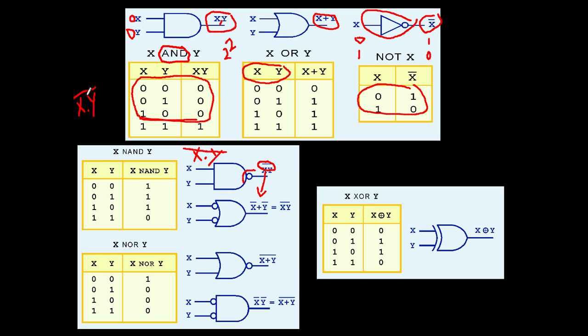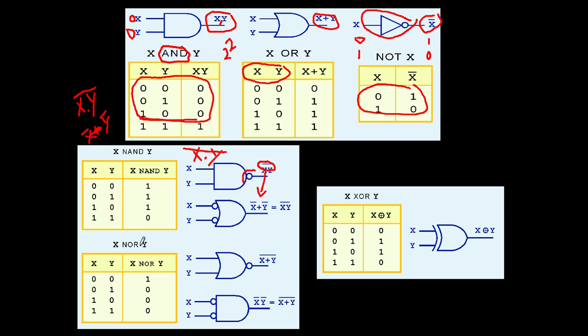De Morgan's law says we can distribute the complements, meaning X or Y. Change the sign, change the AND to an OR. If it was an OR, I change it to an AND. Those two are equal.